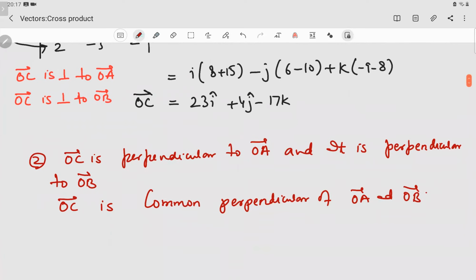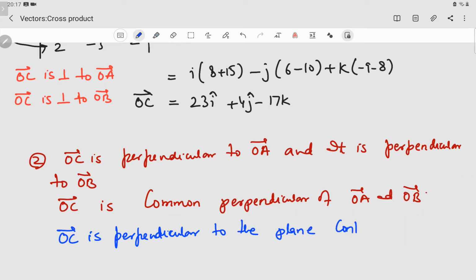And I can add a sentence: OC is perpendicular to the plane containing OA and OB.